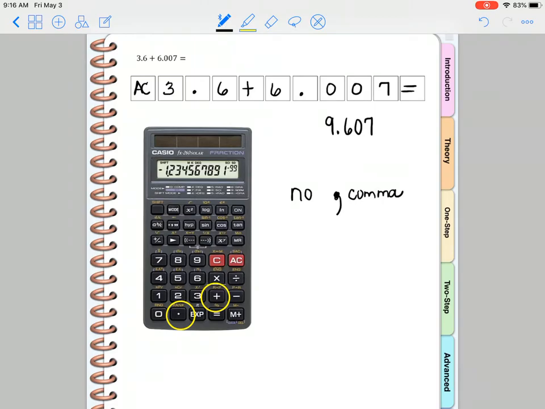The decimal key and the comma key are not the same thing. Obviously this information is just from the picture that I got off the Casio website, so it means nothing to my problem. I'm just using the face of the calculator to show you where the buttons are. Okay, moving on.